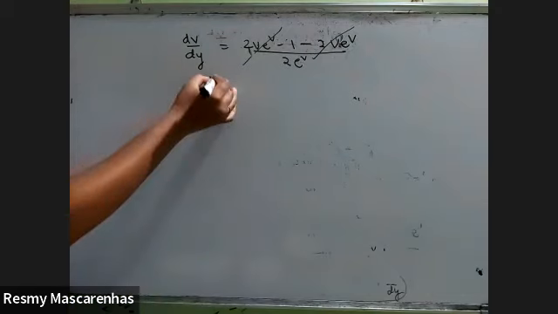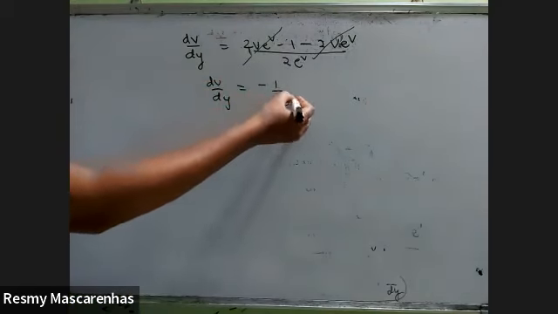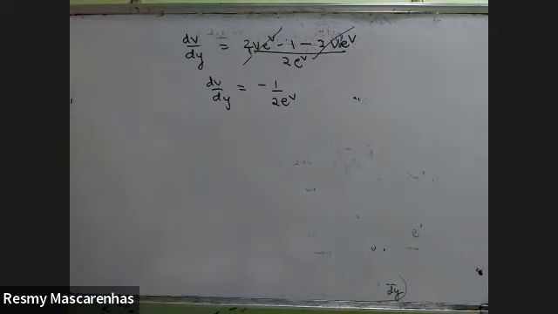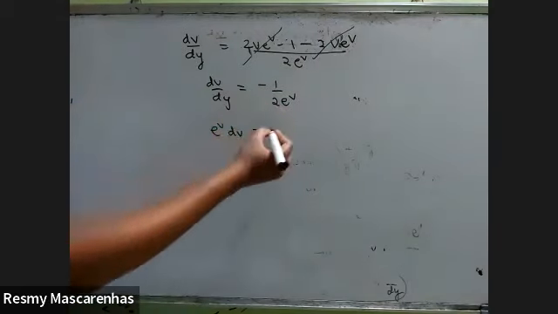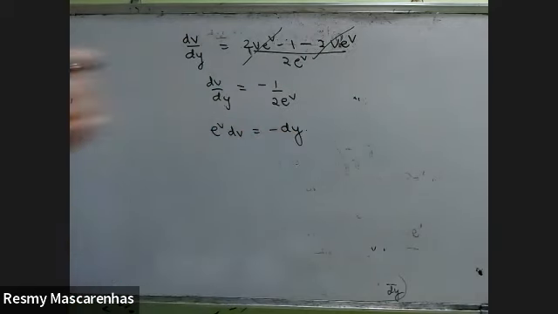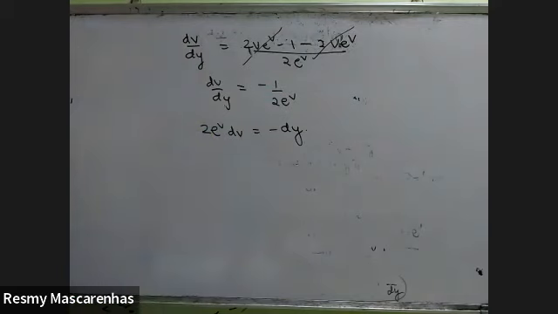So dv by dy is equal to minus 1 upon 2 e raised to v. Now take e terms on one side. This will go up. 2 is there. And now you integrate.